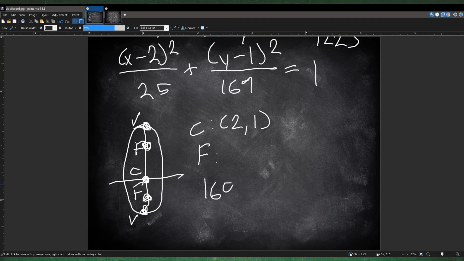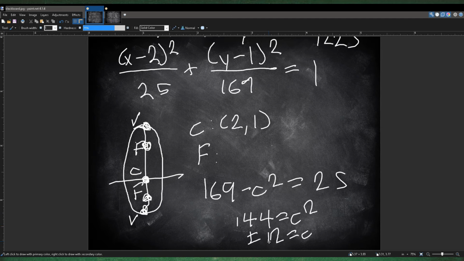So it's the larger number minus c squared is equal to the smaller number. So 169 minus 25 is 144, which is equal to c squared. So c is plus or minus 12. So you got 12 up here and minus 12 down here, basically.